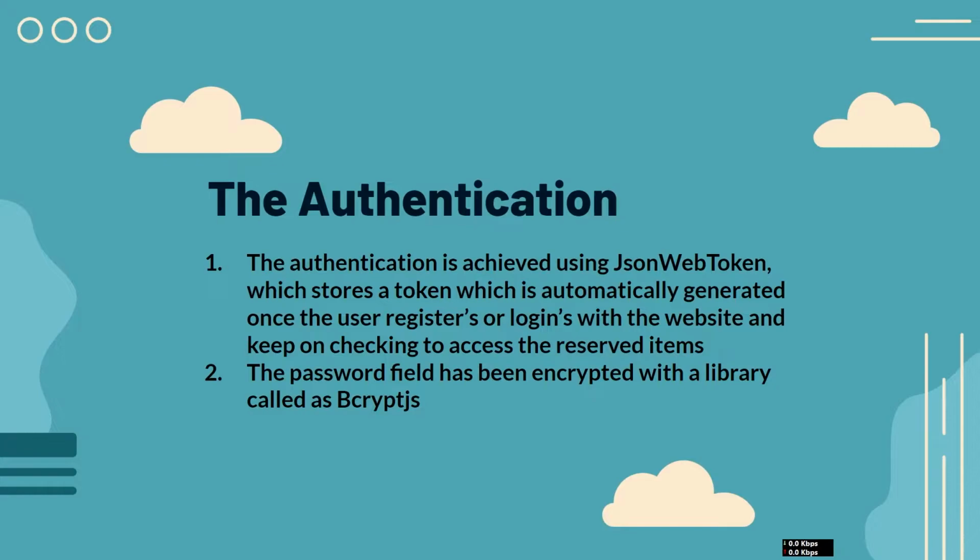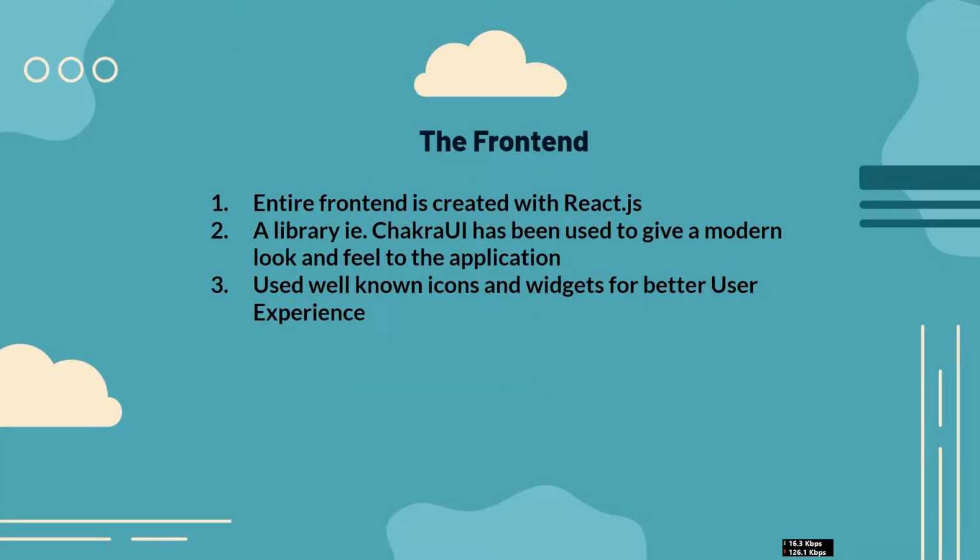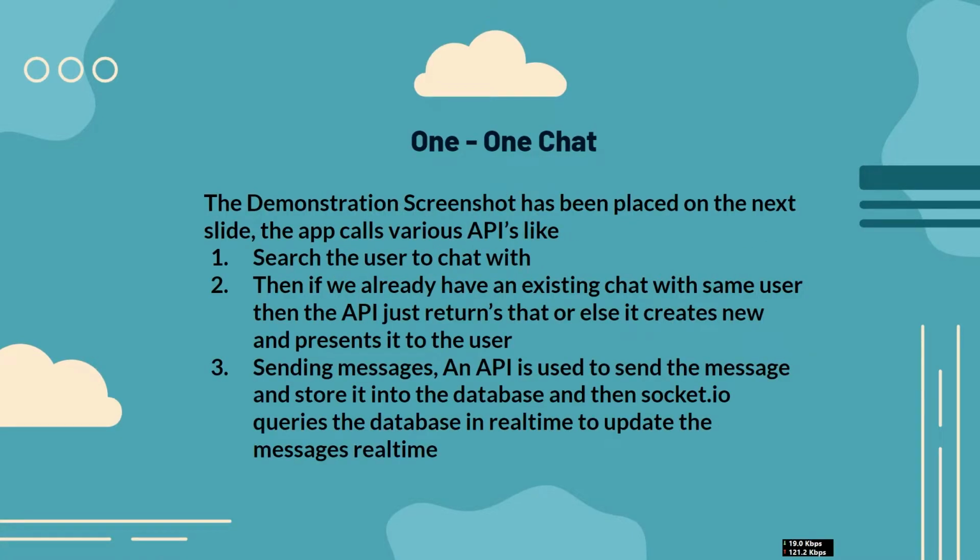I'll explain the code and the functionality and the demo after the presentation. In the front end, I have used Chakra UI, and the front end is based on React.js, a front end library, and I have used well-known icons and widgets to make a better user experience.